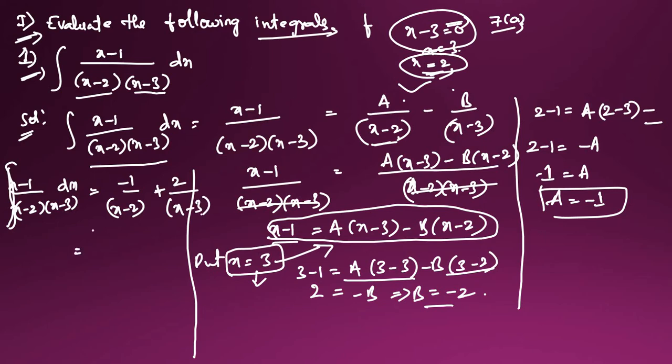So integrating both sides, it will become integral 2 by x minus 3 dx minus integral 1 by x minus 2 dx.